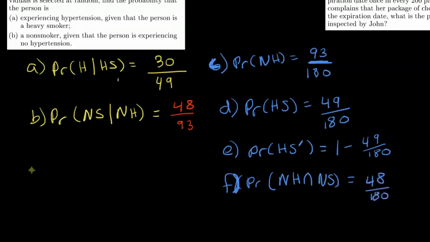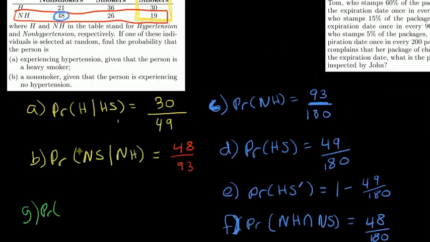Let me change my color. What about calculating the probability of being non-hypertensive or a non-smoker? How would you solve that?